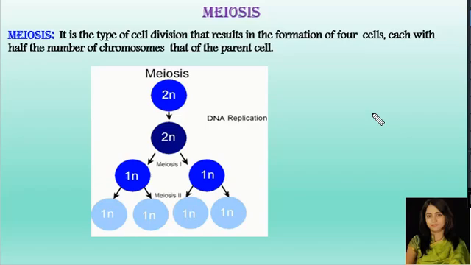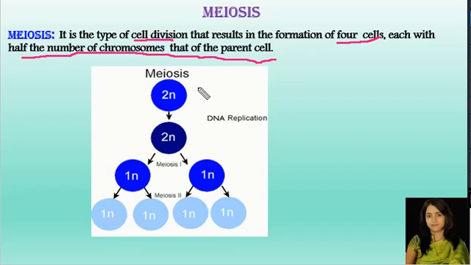Let us try to define what is meiosis. See, it's a type of cell division which results in the formation of four daughter cells, each with half the number of chromosomes that the parent cell had. See, it is a diploid cell which consists of 2n number of chromosomes.